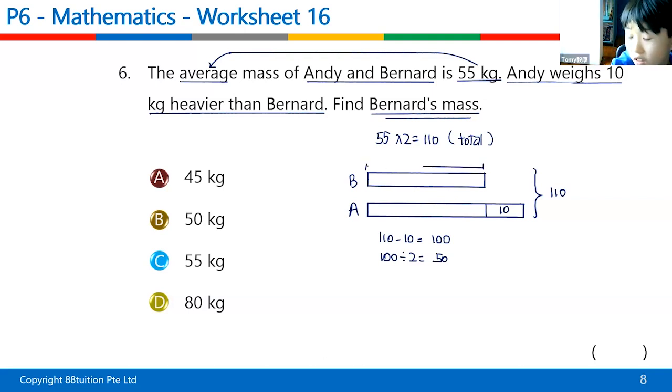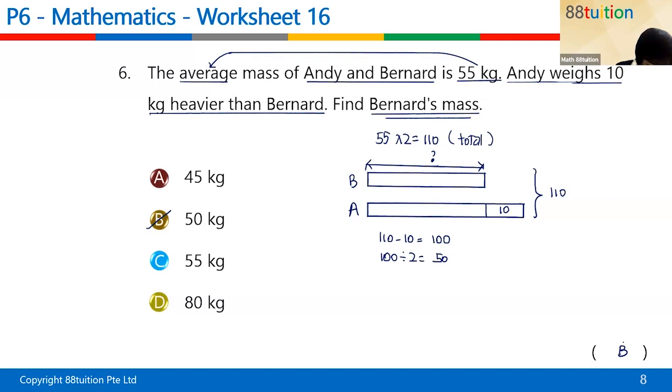So you're cutting this into 2. This average is actually 55 and this unit is 10. So B will be, Bernard, 50. So far, so good.